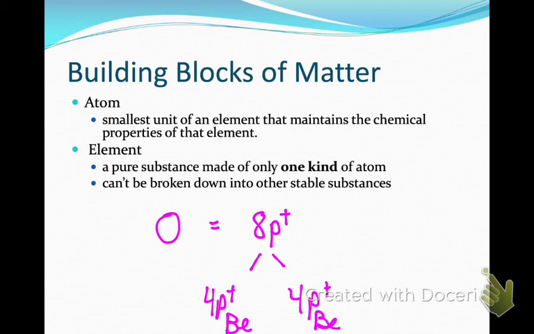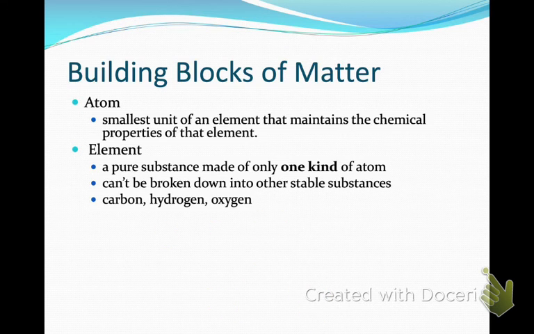We've got a totally different element. Okay, so we don't break down elements into new substances. If we remove electrons, now it's just a different type of element. Okay, so those are some examples of elements. We see all of the ones on the periodic table. Those are all elements. So all 18, 19, however many your periodic table has, that's how many elements we have.